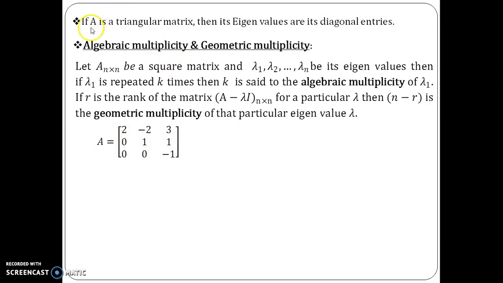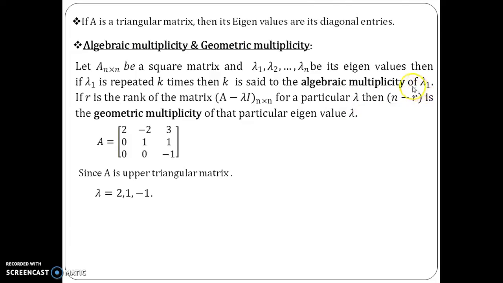So if you use this result, it is telling us that the eigenvalues are its diagonal entries. So you can immediately write that since A is an upper triangular matrix, its eigenvalues are going to be lambda equal to 2, 1, minus 1. Straightforward, nothing else. Now let us first focus on what is algebraic multiplicity.